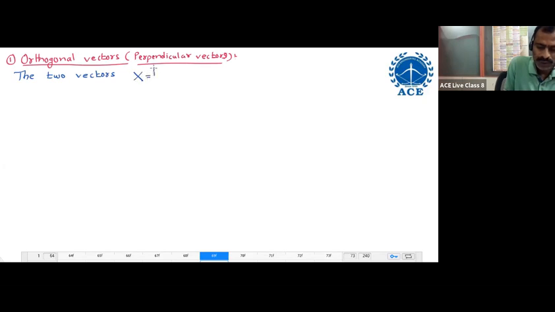Here I am taking two column vectors of order 3. We can take row vectors or column vectors, any one. Capital X equal to x1, x2, x3.